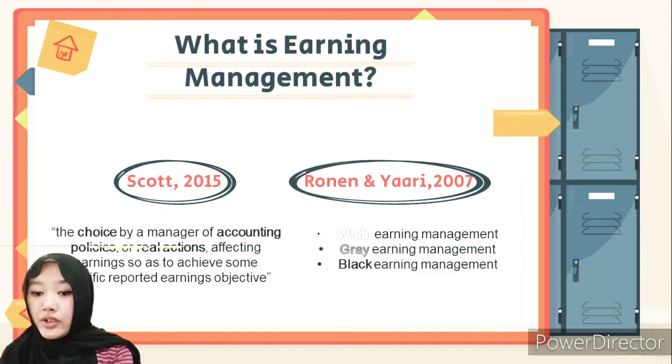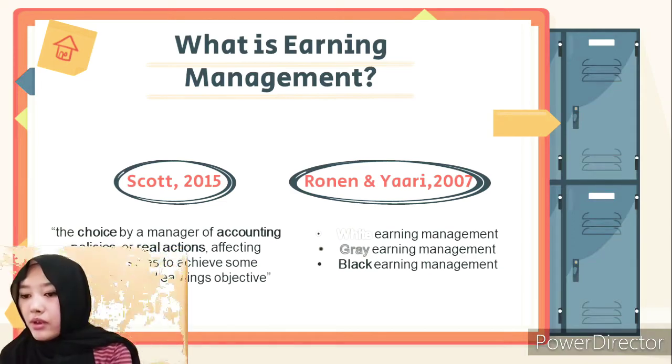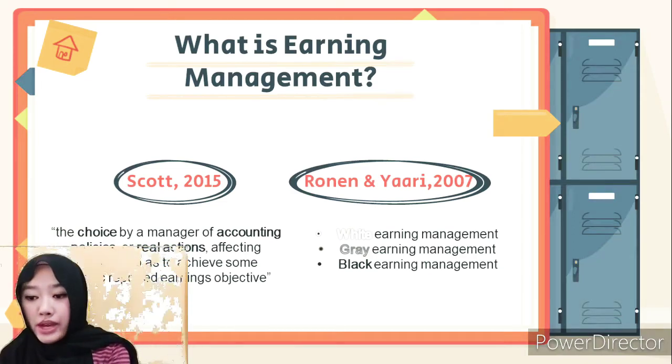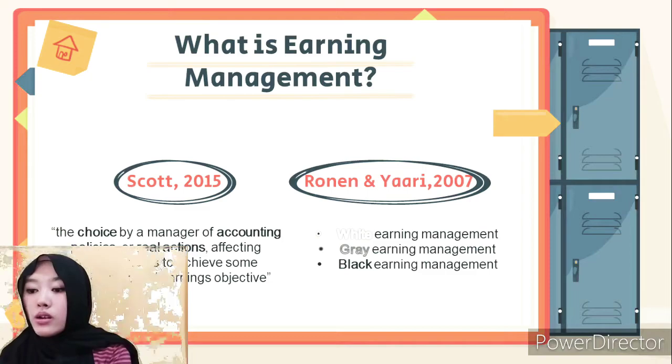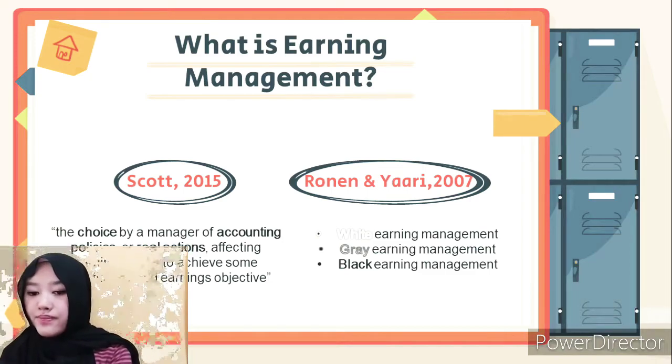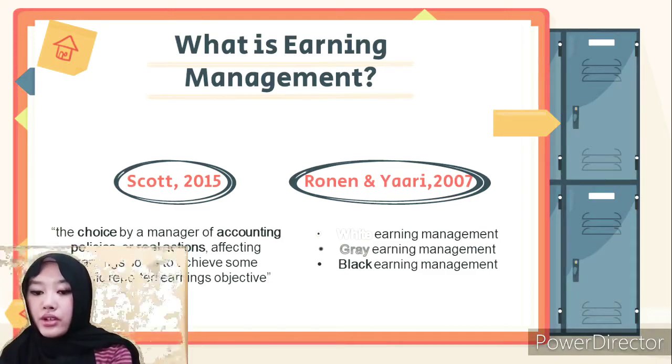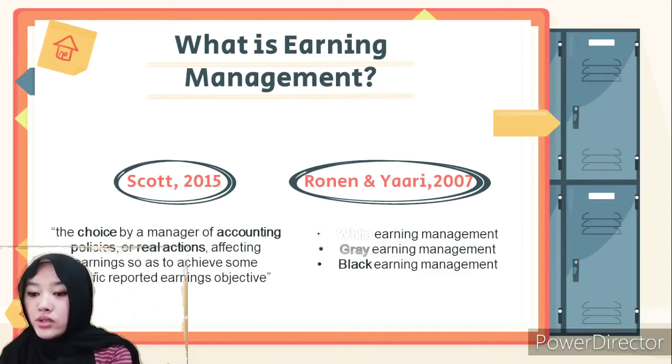Gray earning management is choosing an accounting treatment that is either opportunistic, to maximize management utility, or economically efficient. And black earning management is the practice to misrepresent and reduce the transparency of the financial report.